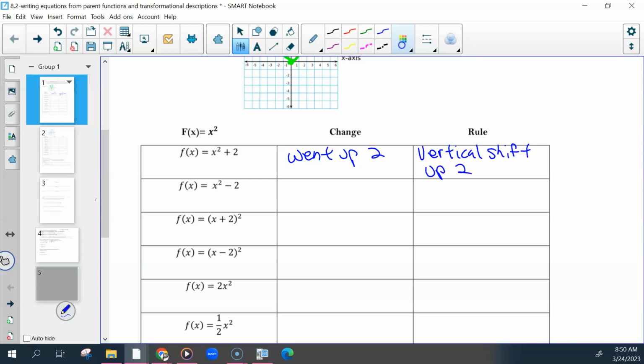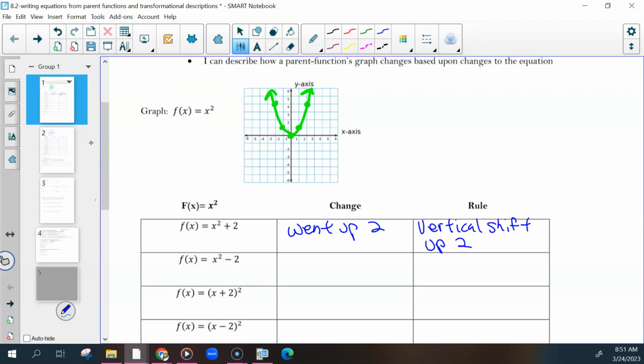So when we say our rules, we have to say what type of transformation happened, vertical or horizontal. Also what type of shift, and you'll see others, and what direction, up, down, left, right, whatever, and then by how much. So we have to be very specific with that. So what do we think might happen when we do minus 2?